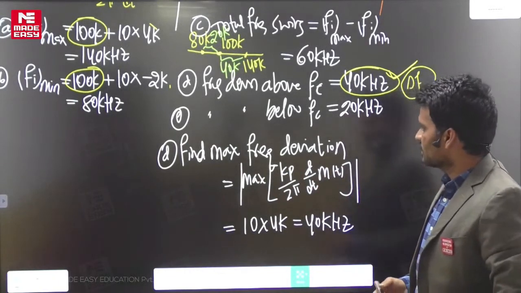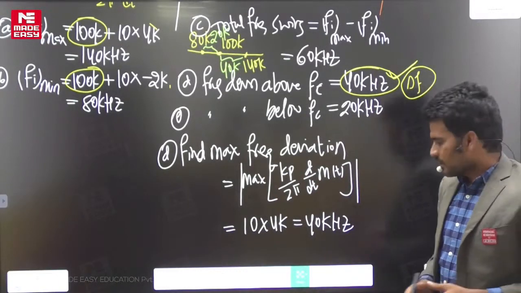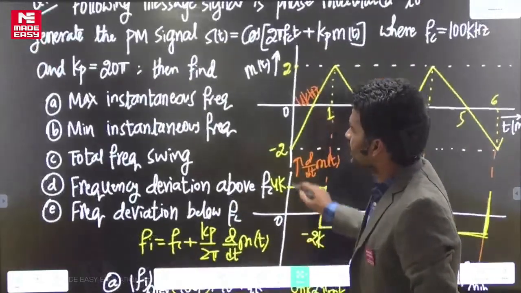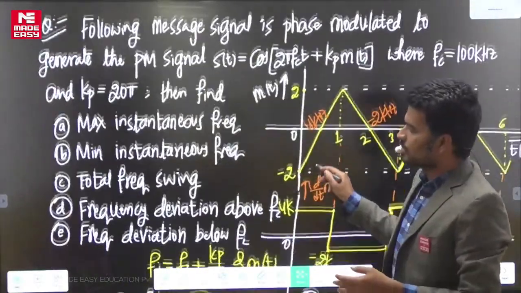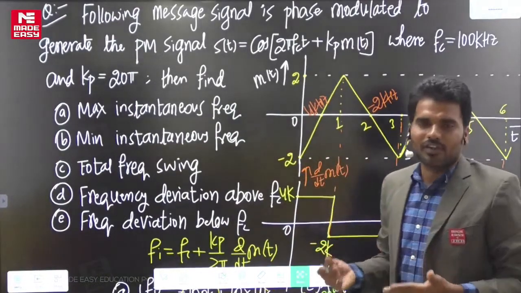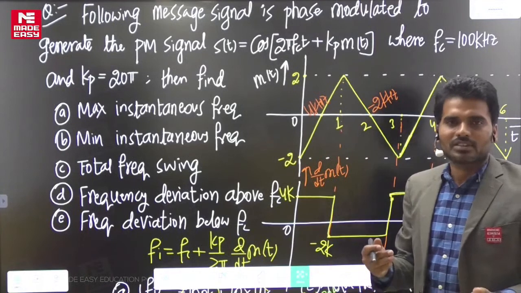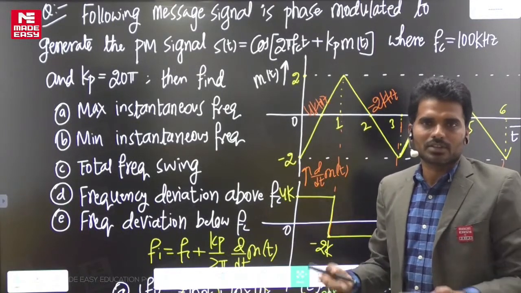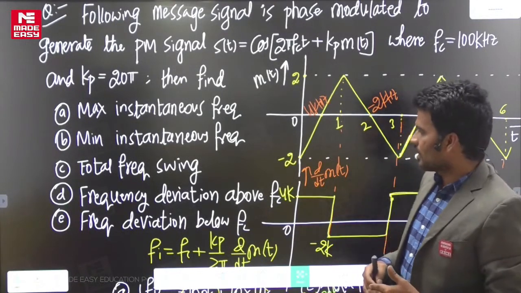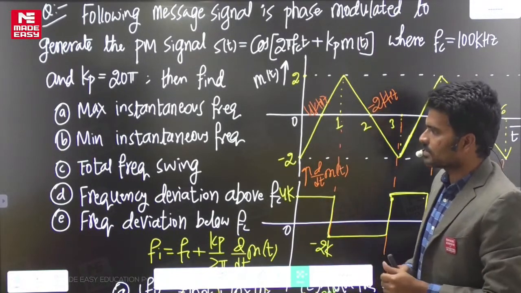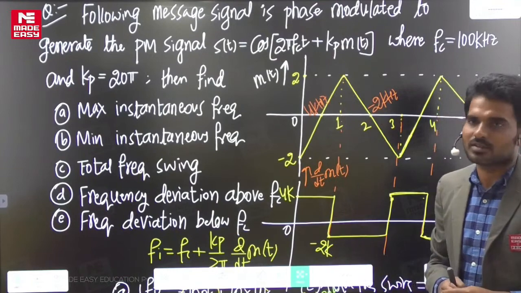I hope this question clarifies your doubts on how to find Fi max, Fi min, delta F, frequency swing, and frequency deviation above Fc and below Fc. I tried to address these parameters in this question, so take care of it. I feel it is important for examination.